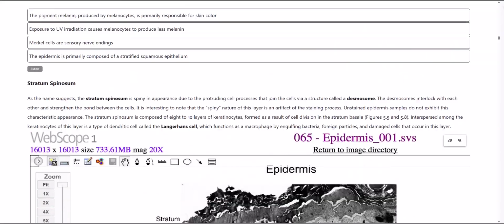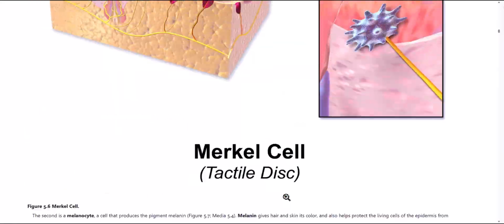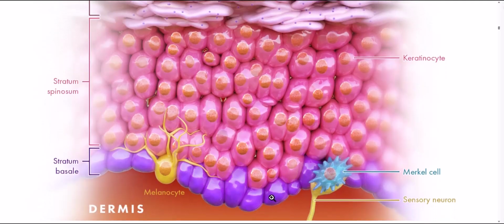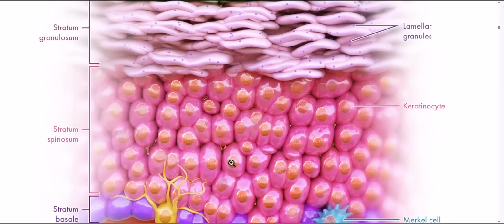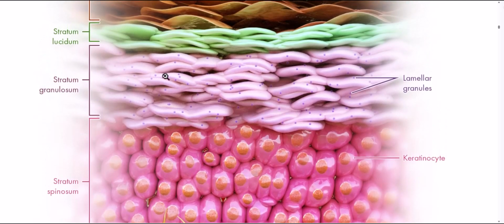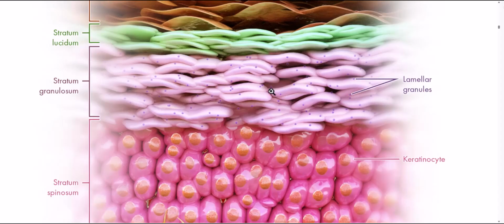We'll go back up and look at that cartoon representation once again. Starting at the bottom, stratum basale, single layer of cells, a relatively thick layer of stratum spinosum, healthy, fat, metabolically active cells undergoing mitosis. And then we get to the stratum granulosum. We start to see those granular organelles breaking down.